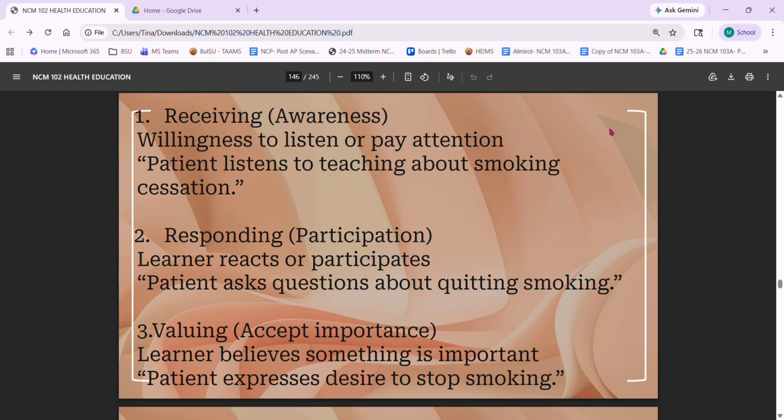Okay? Participation to. So the learner reacts or participates. Okay? So patient asks questions about quitting smoking. Okay? When you say valuing, it accept importance. So, learner believes something that is important. So, patients express desire to stop smoking.